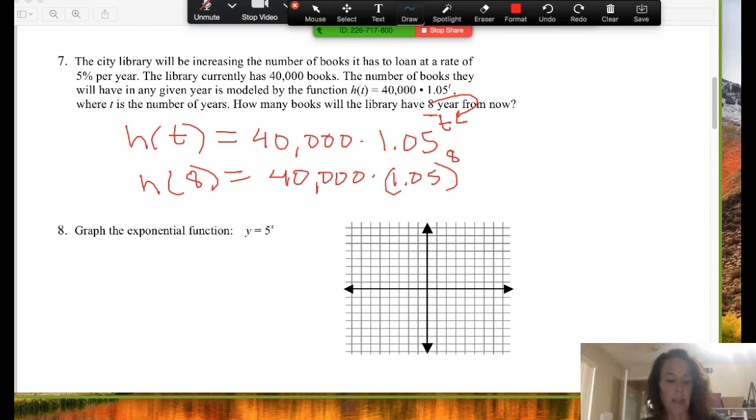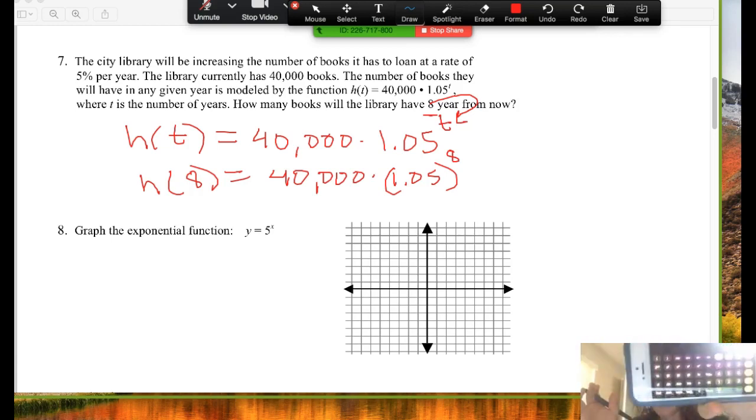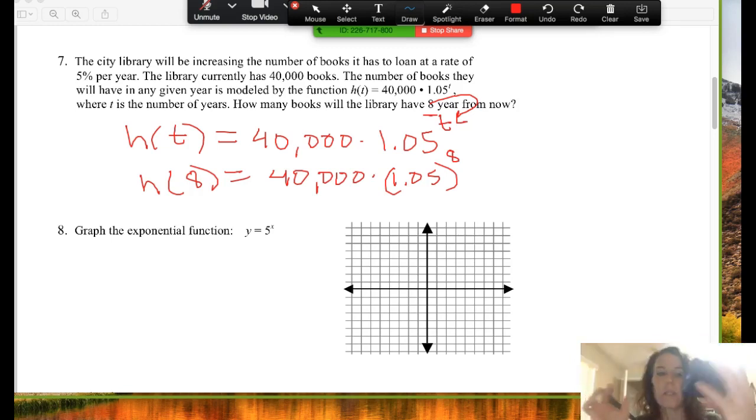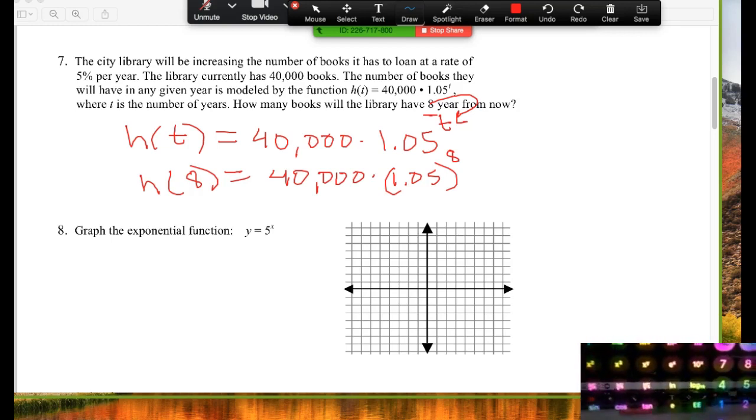Now, just so you know, if you have a phone calculator, if you turn it to the side, you get a lot more options. And oftentimes they have an X to the Y button, okay?